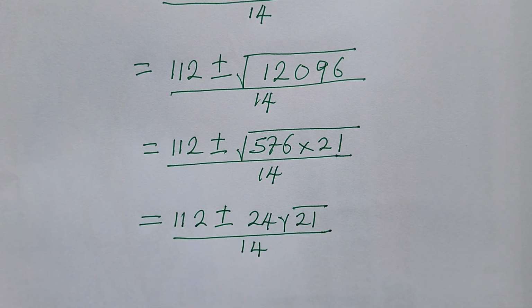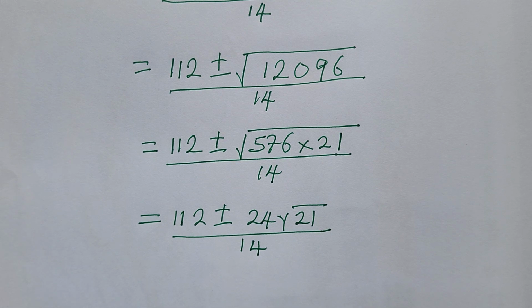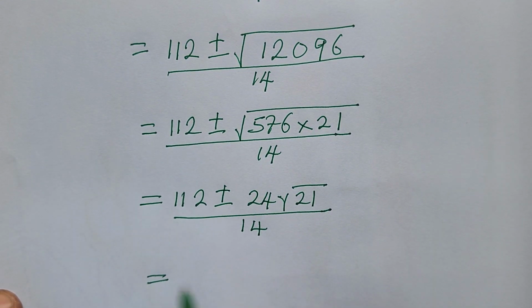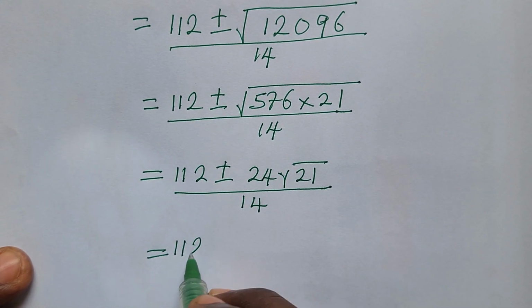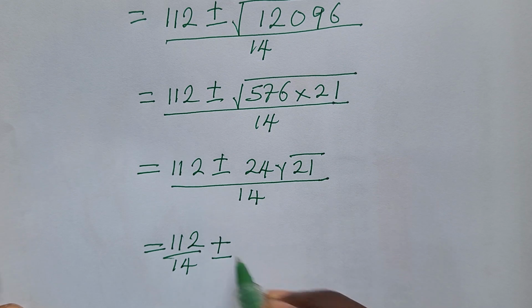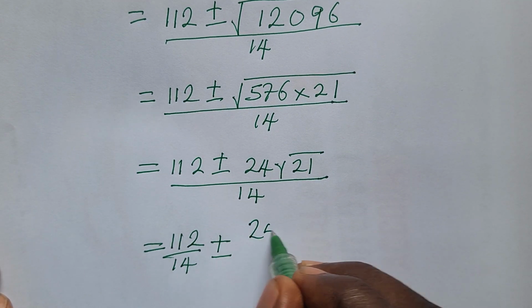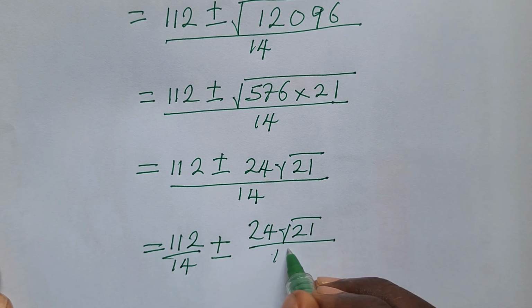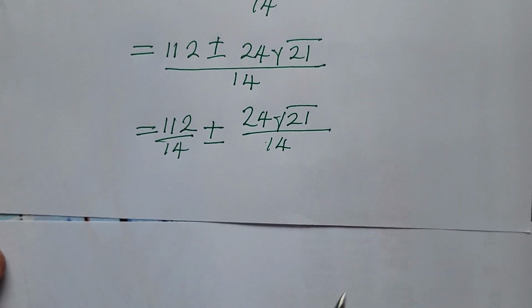But here we have only 2 that can go into this. So let's separate this. This could be written as our 112 all over 14, plus minus 24 root 21 all over 14. So we can easily divide out here.